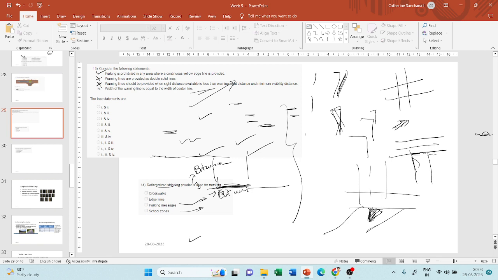This is also not correct. Width of the warning line is equal to the width of the center line. I remember saying that the width of the warning line should be equal to the width of the center line or the lane line. So the fourth one is correct. The answer is 1 and 4; both these statements are correct.